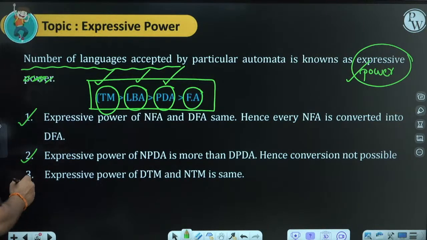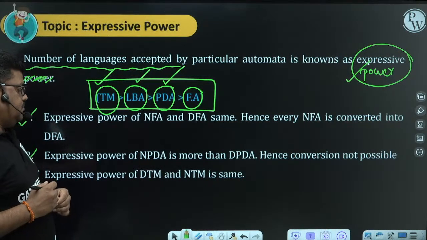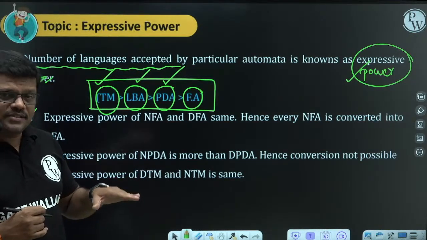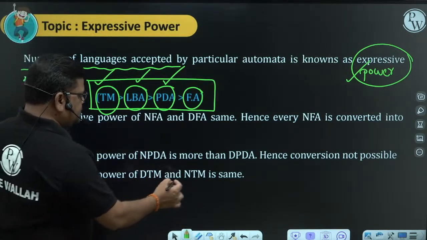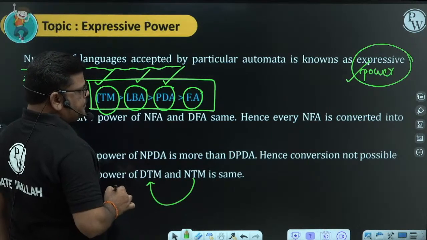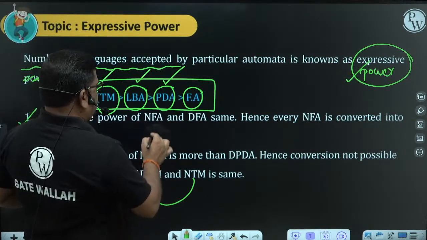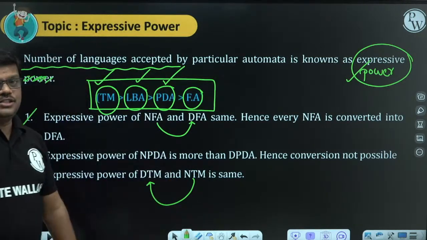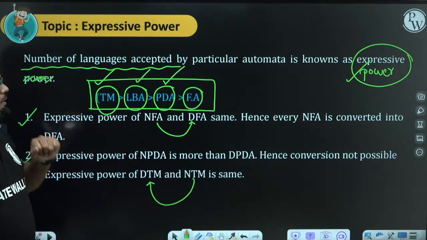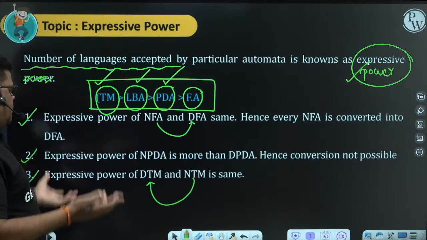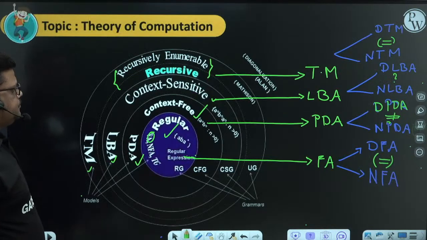Third: the expressive power of DTM and NTM is the same, so a non-deterministic machine can be converted into a deterministic machine. That situation is not there in the push down automata case. So this is our overview of theory of computation.